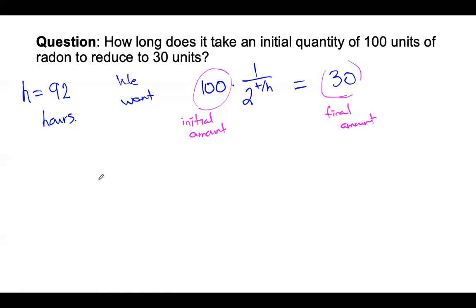We know what H is, so we can isolate for T. So this would be 100 times 1/2 to the T divided by 92 equals 30. You could divide by 100 on both sides if you wish.